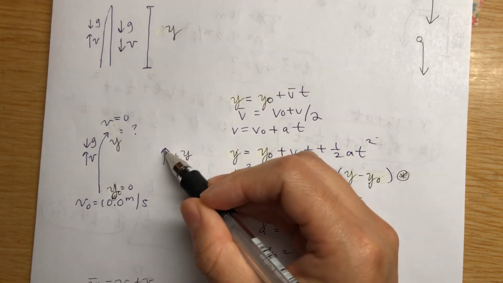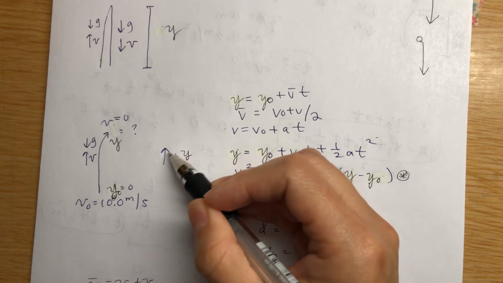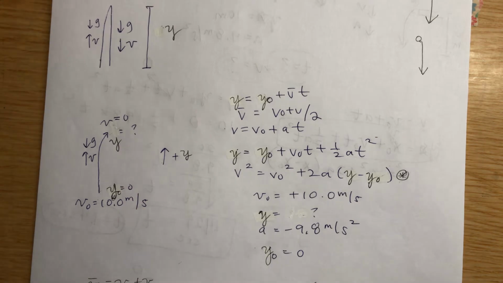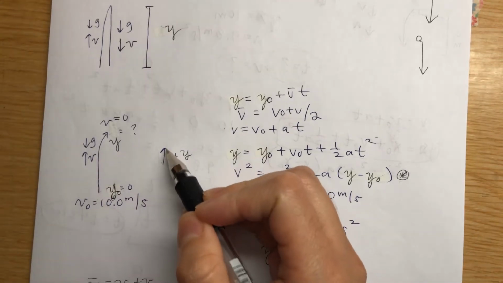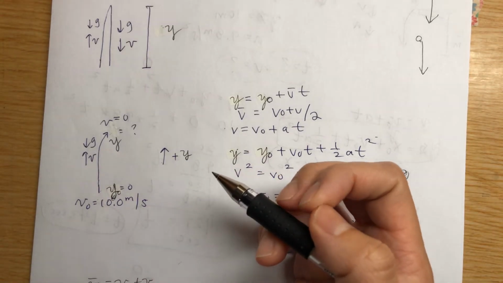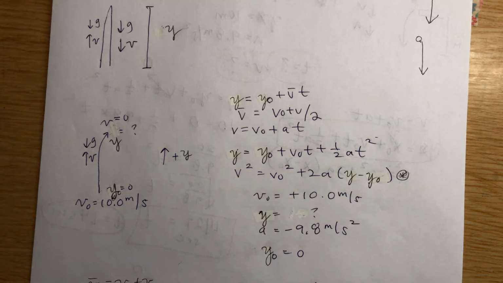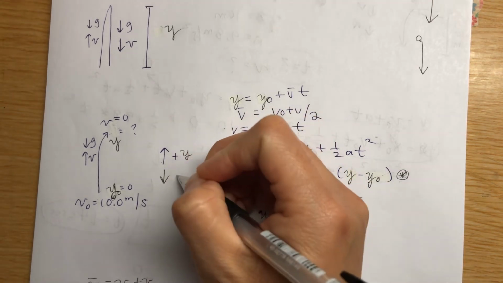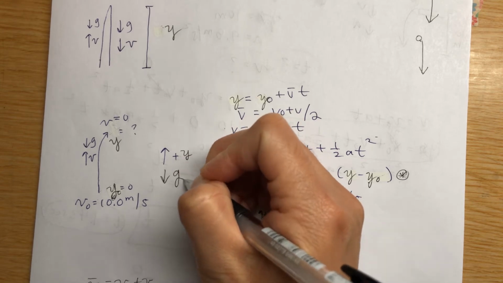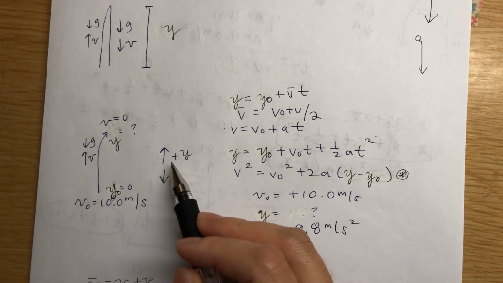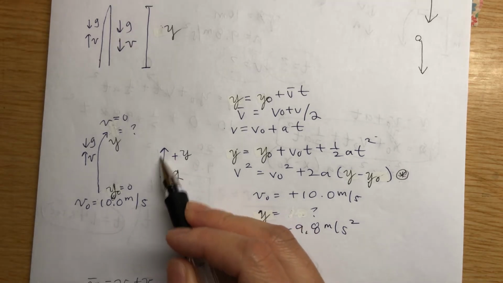I'm going to make the positive y direction in the path of the motion of the ball, so upwards is the positive y direction. The acceleration of gravity is always downwards, but that means acceleration is negative 9.8 because I made upwards positive.